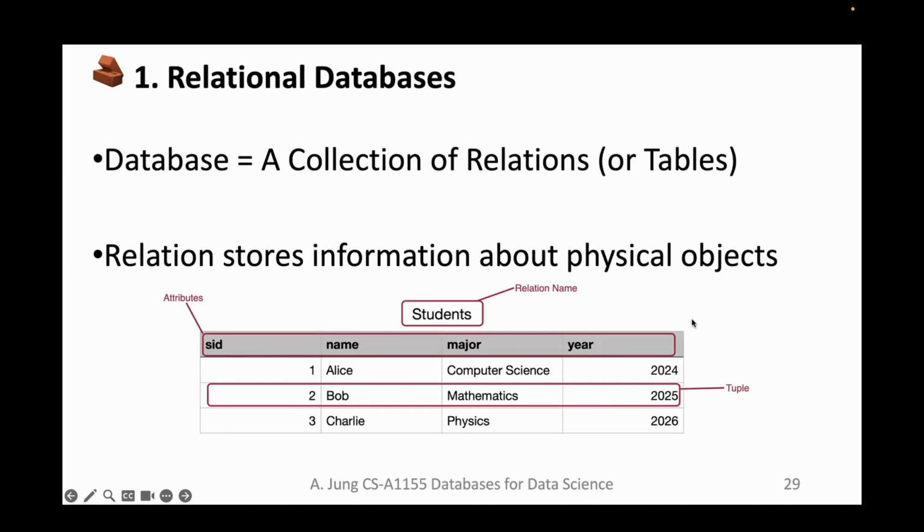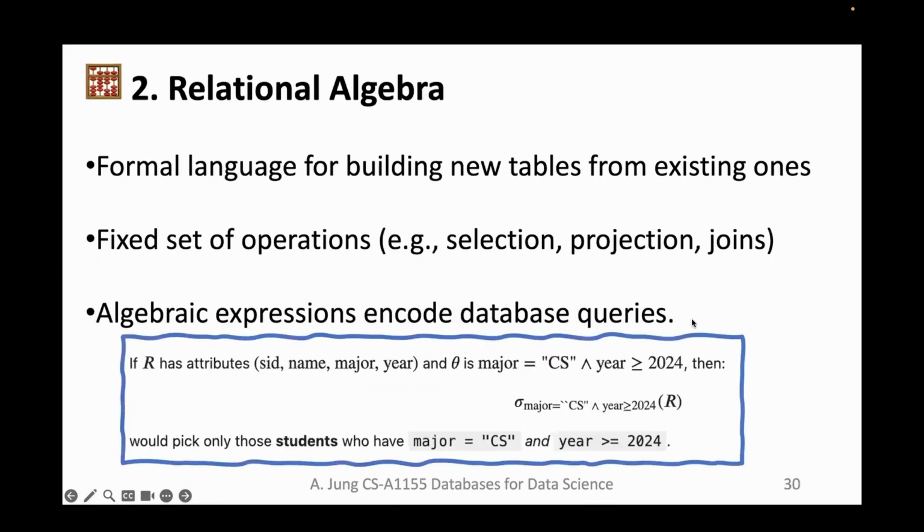Okay, then we have a module on relational algebra. And in relational algebra, we mainly study a language or languages for building new tables or relations from existing ones. So that's the main idea of relational algebra. And you can think of relational algebra as being the fancy version of another language that maybe some of you have heard, which is called SQL, structured query language.